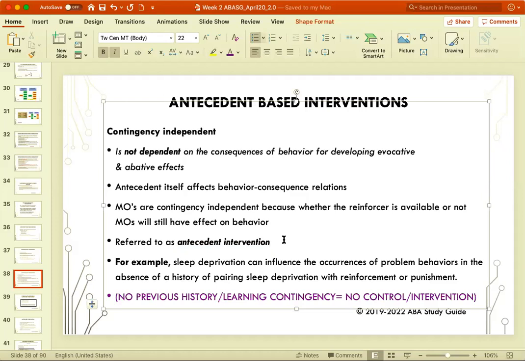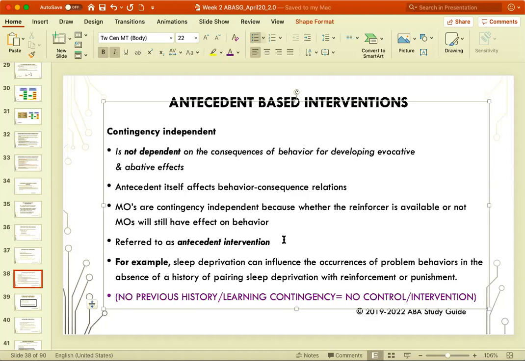So for something to be contingency independent, it means obviously it's not dependent upon consequence. Okay, so the contingency does not have to do with the consequence of the behavior. So an example, we're going to talk more about these, are contingency independent interventions. Sleep deprivation can influence the occurrence of problem behavior, but there's no history.